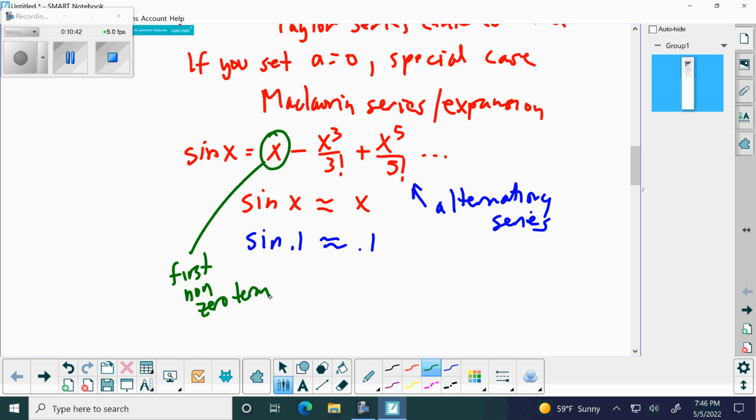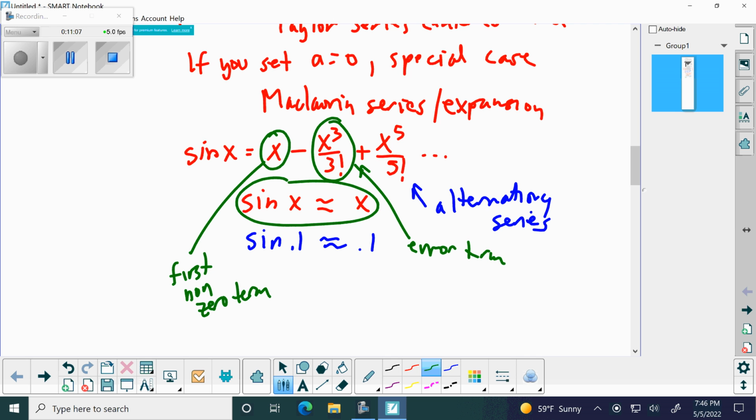The first non-zero term approximates sine x to what accuracy? To within the error term. So if we approximate sine x by x, I'm going to approximate sine 0.1 by 0.1.